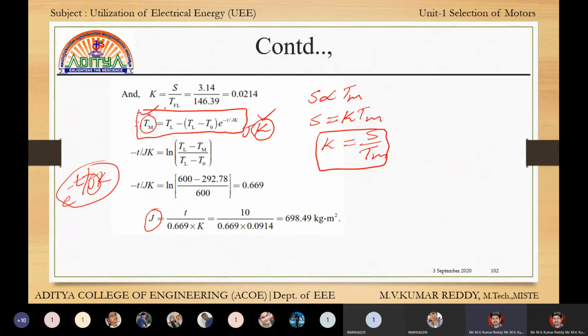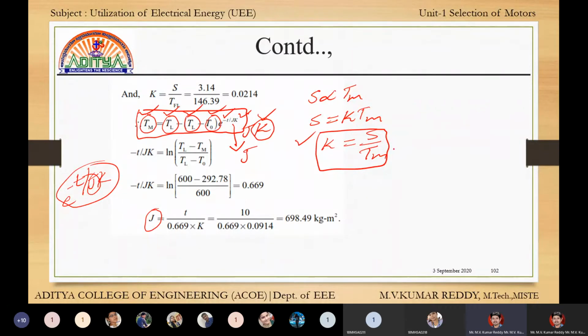Tm is already calculated, TL is given, T naught is given, and t is given. We have to find k so that we can obtain the value of j.